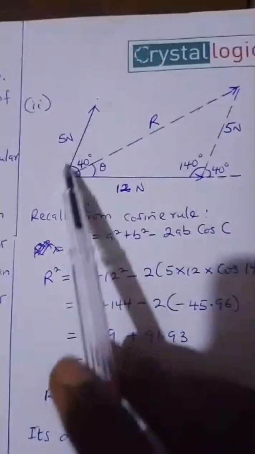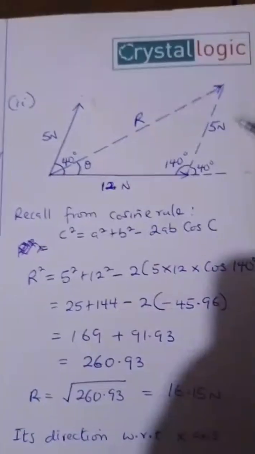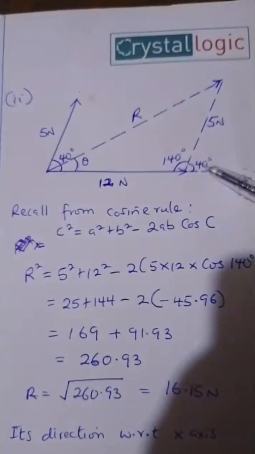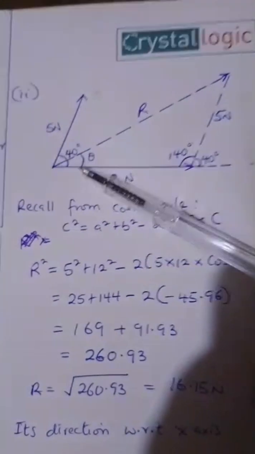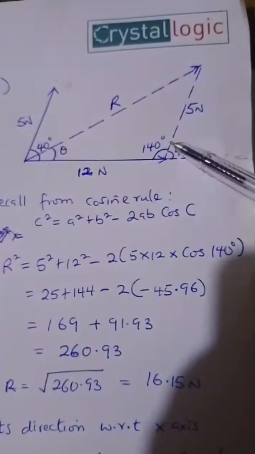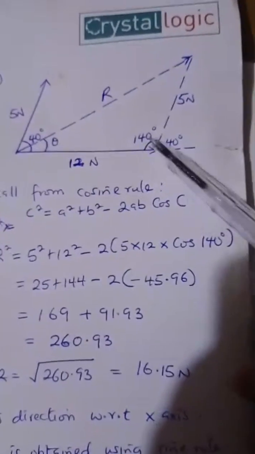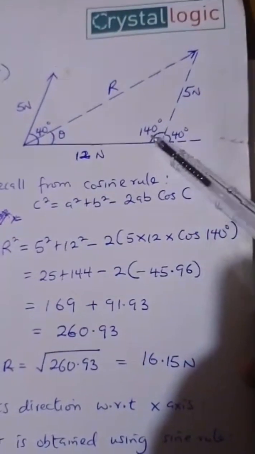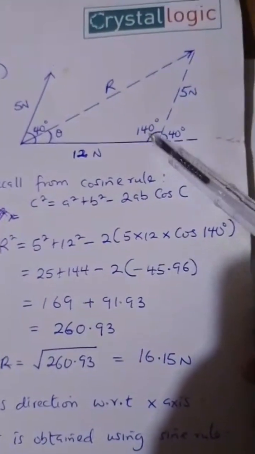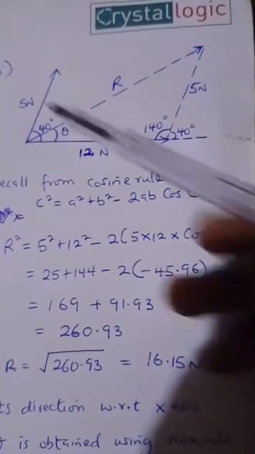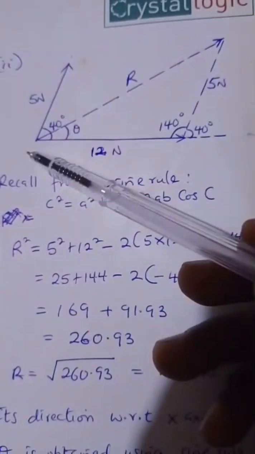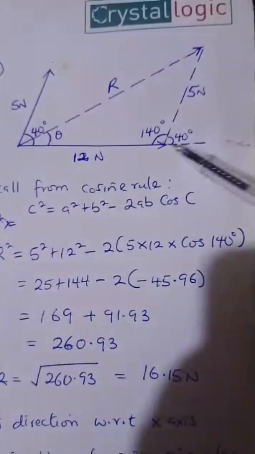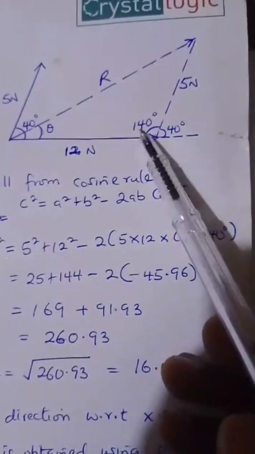Now, if this whole angle here is 40 degrees, you can use your knowledge of corresponding angles. If this angle is 40, and this line continues, then this adjacent angle must be 180 minus 40, which is 140 degrees, because these angles are on a straight line.